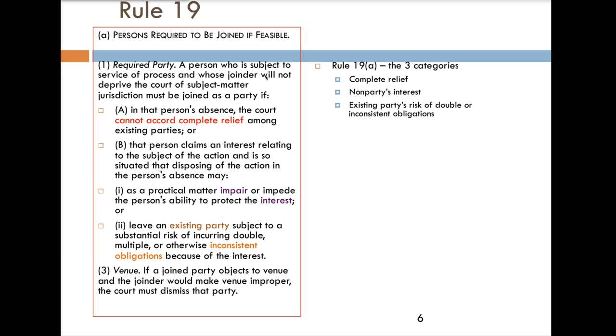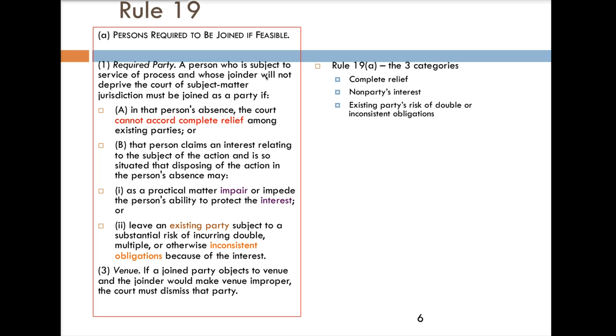Now, under (b), you have two subsections. Each one applies to a different party. So (b)(1) talks about impairing the interests of the non-party, whereas (b)(2) is talking about the interests and harm to the current party. So for (b)(1), we're looking to see whether failure to join them will practically impair their ability to protect their interests.